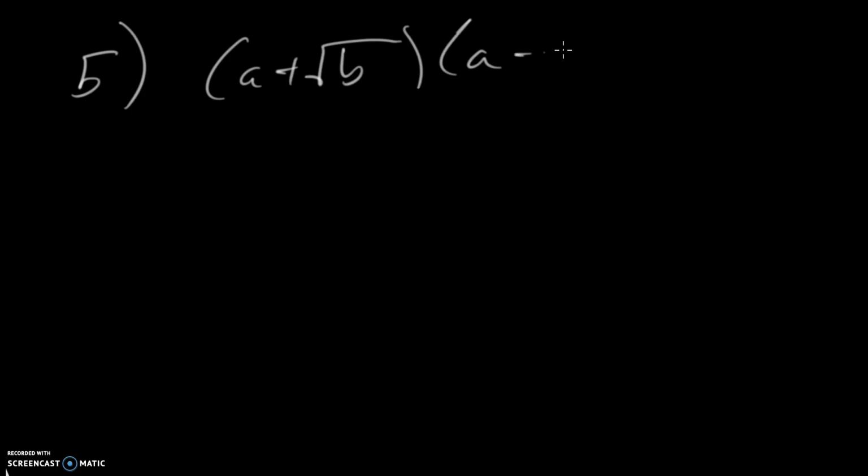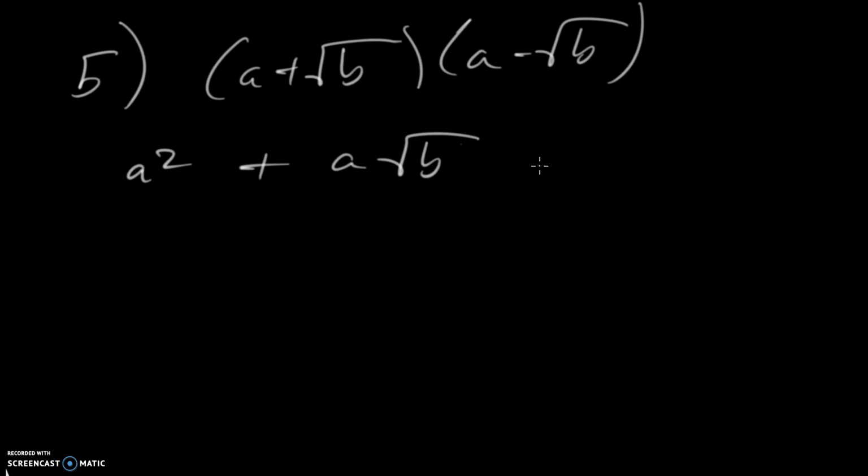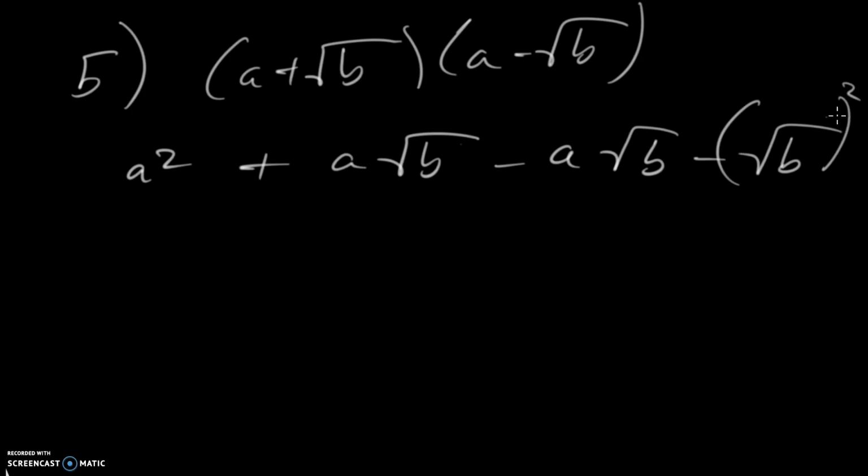Rule number 5. (a plus root b) and (a minus root b) gives us a squared plus a root b minus a root b minus root b squared.